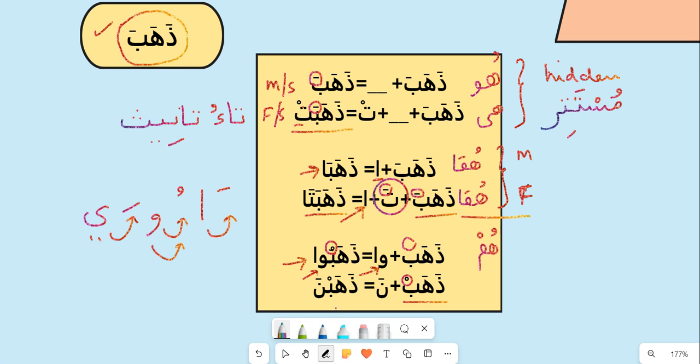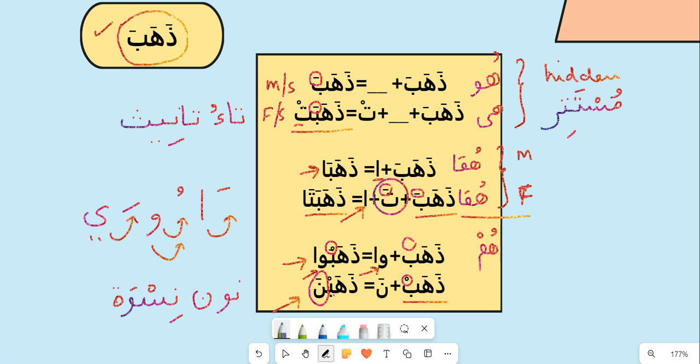But now in the ghaib comes noonun niswa. So our main damir is noon with fatha. So this is our damir noon niswa. It is called noonun niswa, and this shows the feminine plural in the ghaib only.